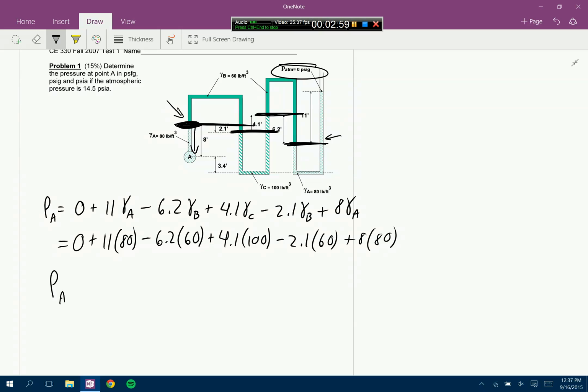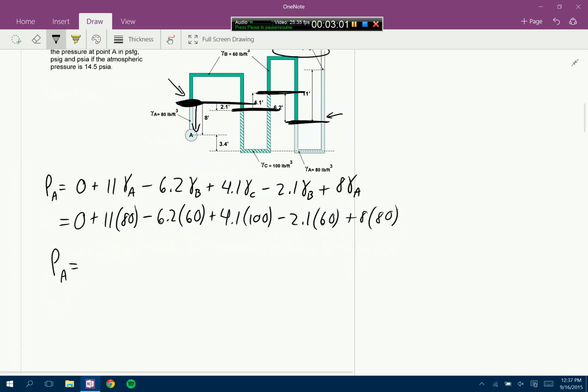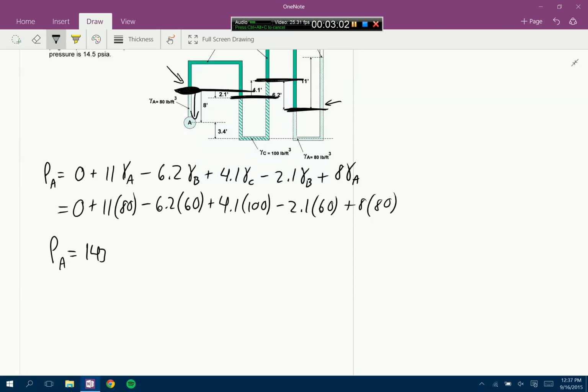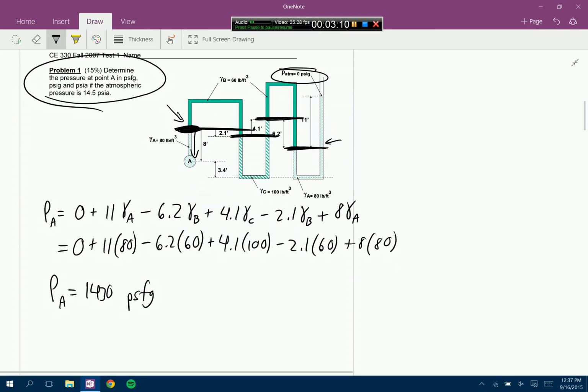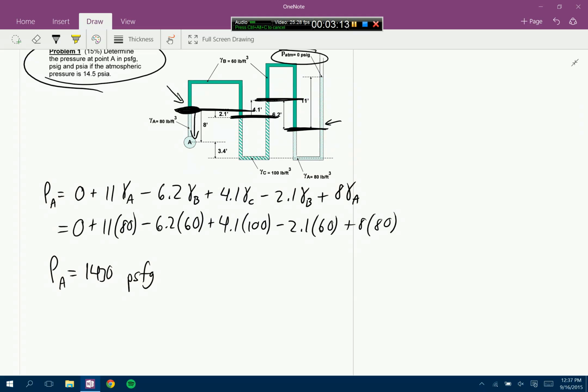And if you calculate this all out, you end up getting 1430 psfg. But if you notice in the problem, that's not all that it asks for. It asks for the pressure in psig. So all we have to do to that is divide by 144. And we end up getting 9.94 psig.